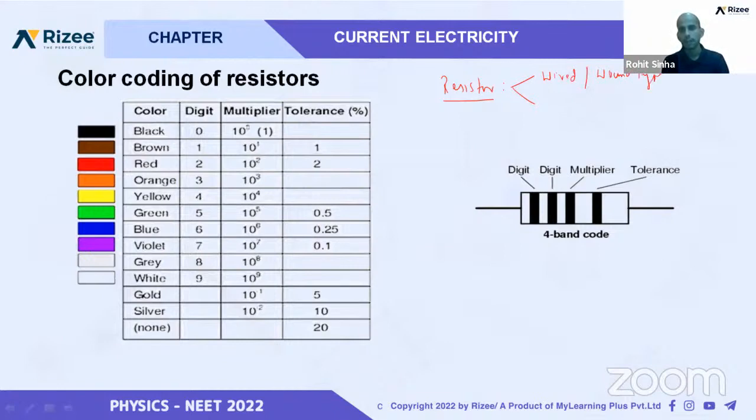For example, nichrome, which we see used as a heating element in a heater. Nichrome, tungsten bulb, manganese, different alloys are there. These are all wound type resistors, and one is carbon type resistors.